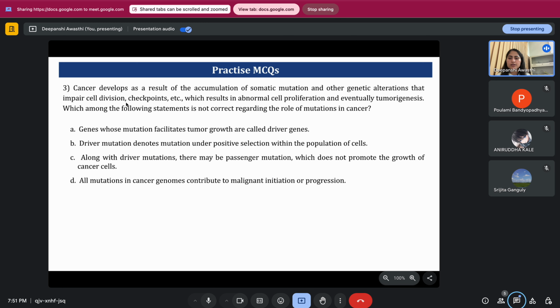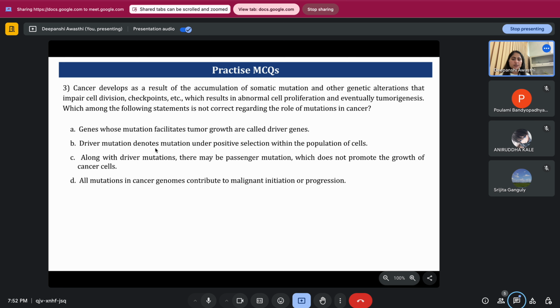Now, next question. Cancer develops as a result of accumulation of somatic mutations and other genetic alterations that impair cell divisions, checkpoints, etc., which results in abnormal cell proliferation and eventually tumorigenesis. Which among the following statements is not correct regarding the role of mutations in cancer? Option A: genes whose mutation facilitates tumor growth are called driver genes.